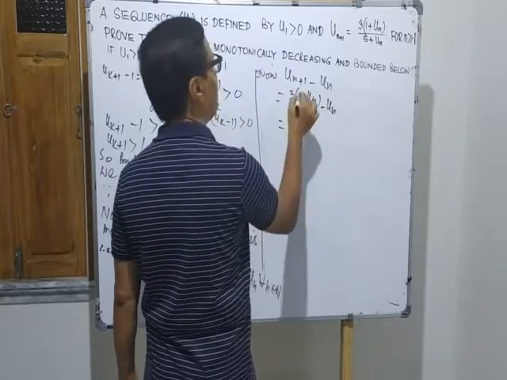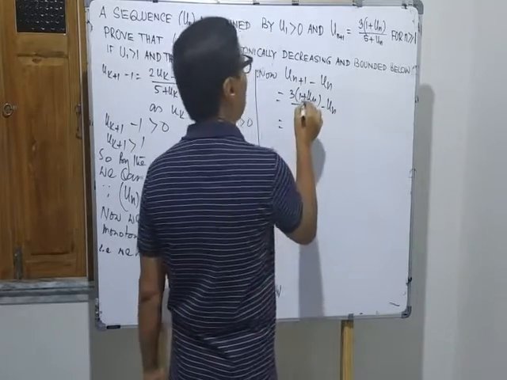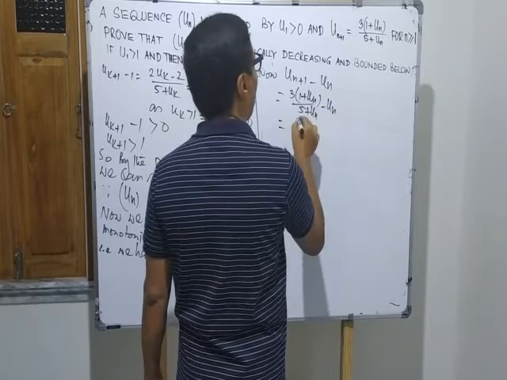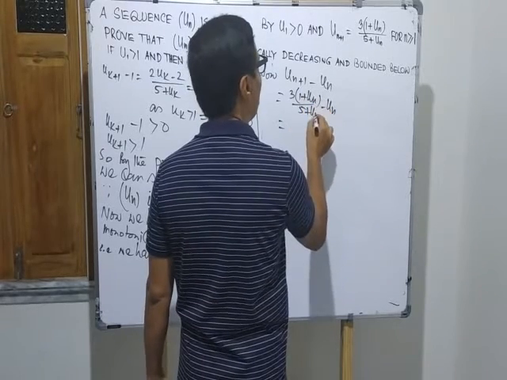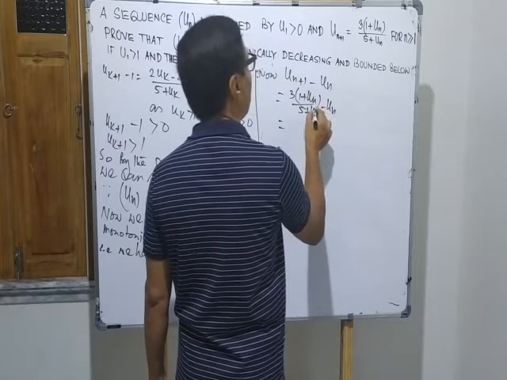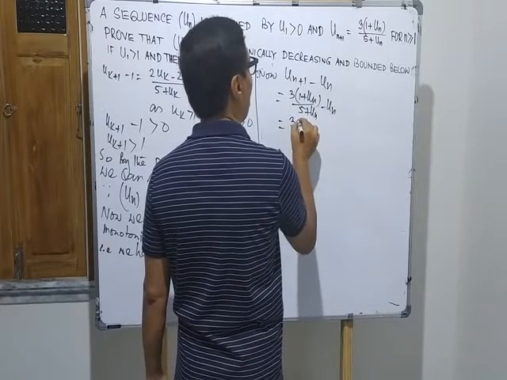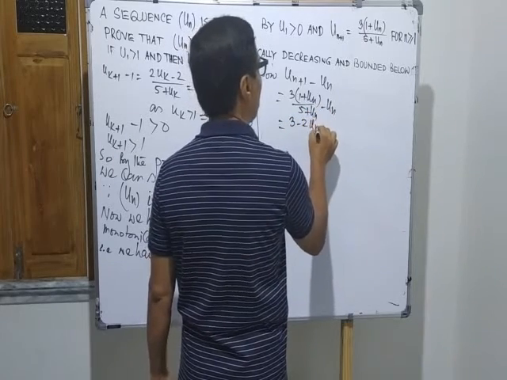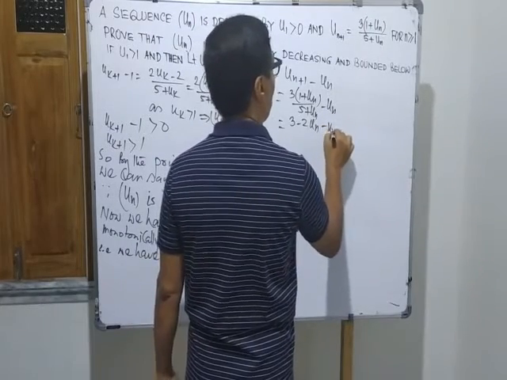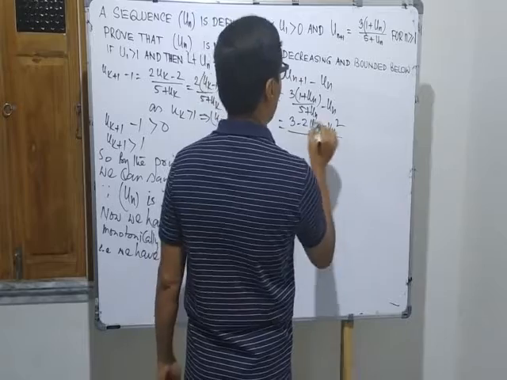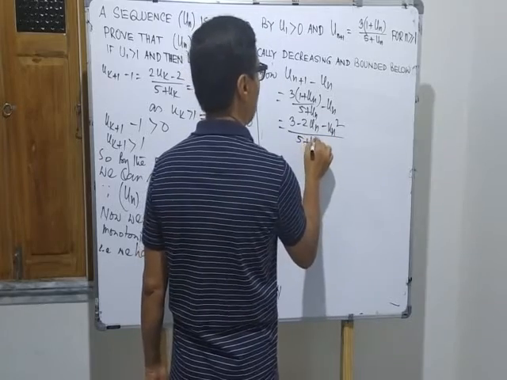If we simplify it, we get (3 plus 3u_n minus 5u_n minus u_n square) over 5 plus u_n, that is (3 minus 2u_n minus u_n square) over 5 plus u_n.